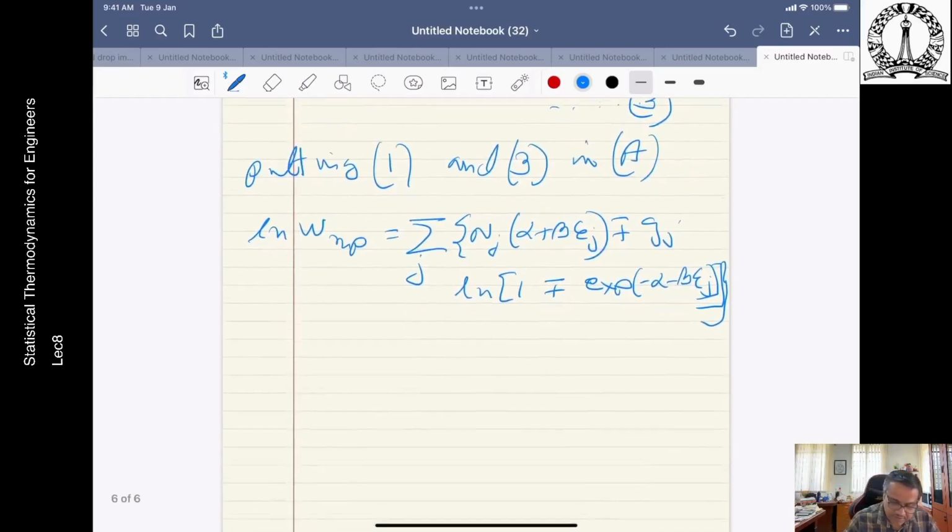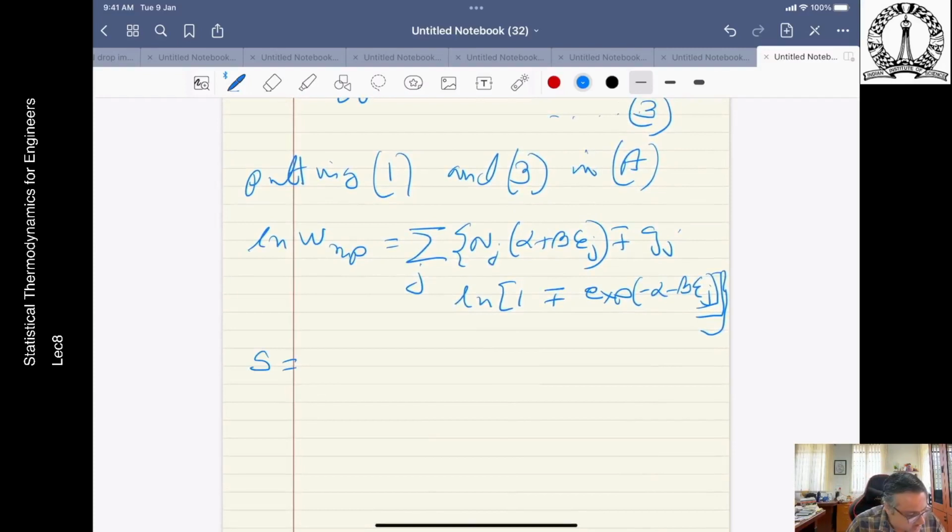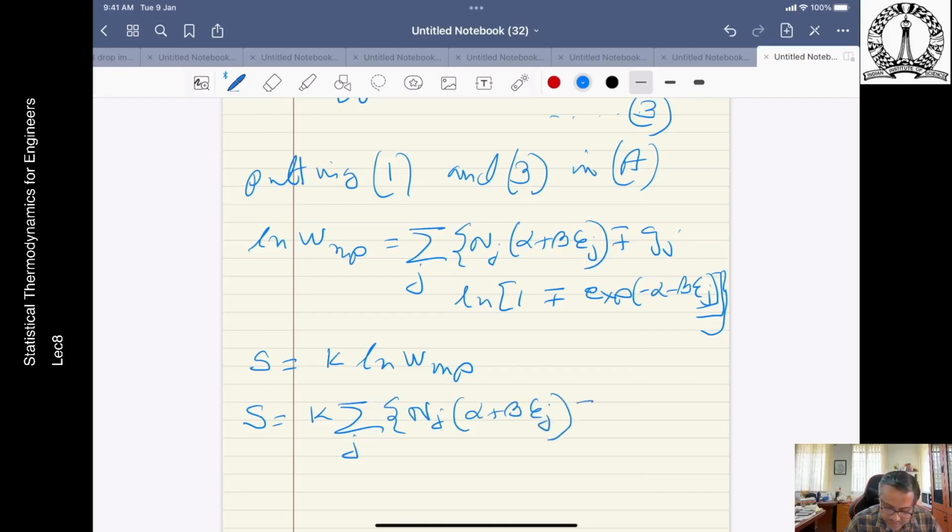Now since S is equal to K ln W_MP, therefore S will be equal to K summation over j of Nj (alpha plus beta Ej) minus plus, you write it in the next line, Gj ln (1 minus plus exponential of minus alpha minus beta Ej).